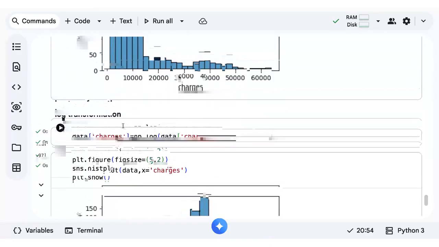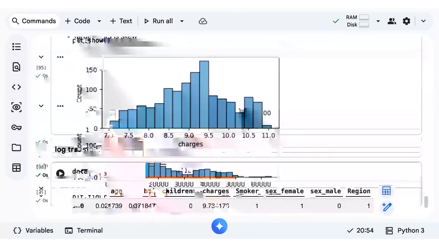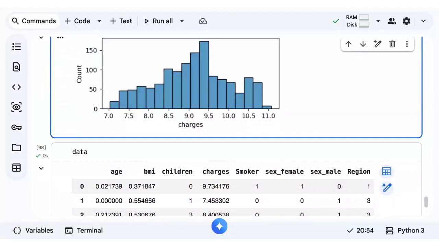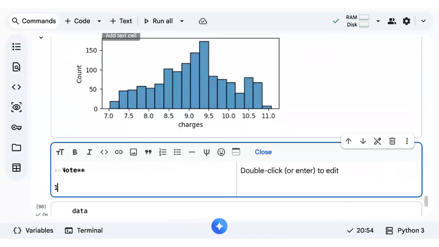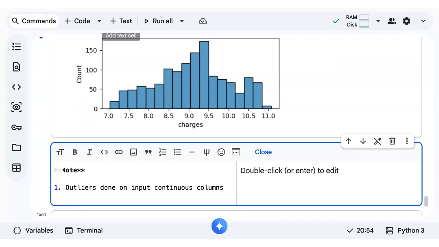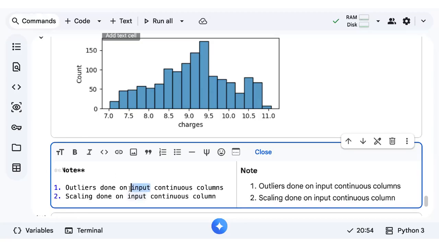Outliers are handled on all continuous columns.